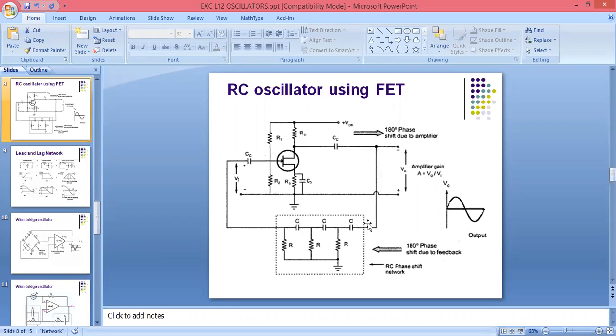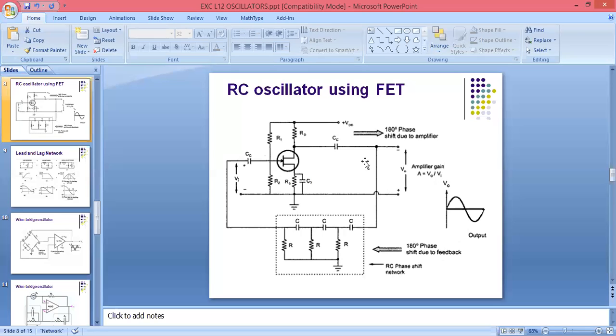You are supposed to draw the diagram and write the explanation. Now here we are using FET as an amplifier. The amplifier is giving 180 degree phase shift, but when we have to use any circuit as an oscillator, we are supposed to follow the Barkhausen criteria, in which we need loop gain as 1 and loop angle as 360 degree.